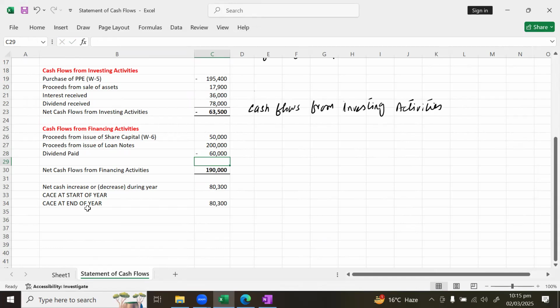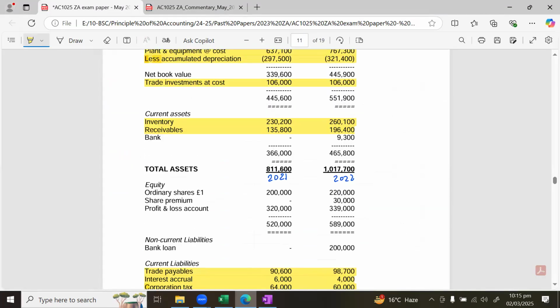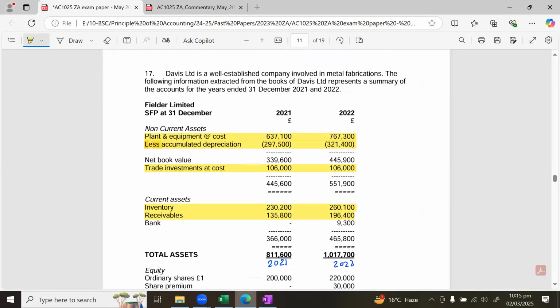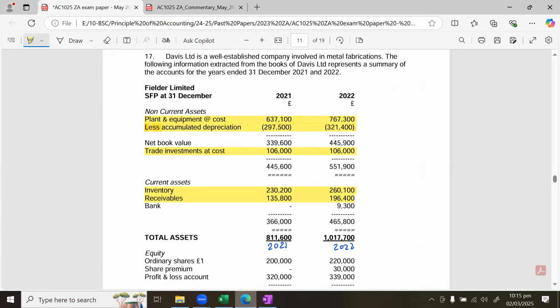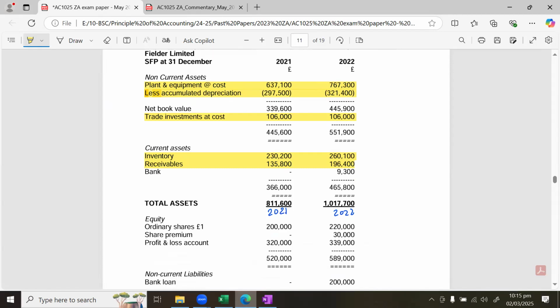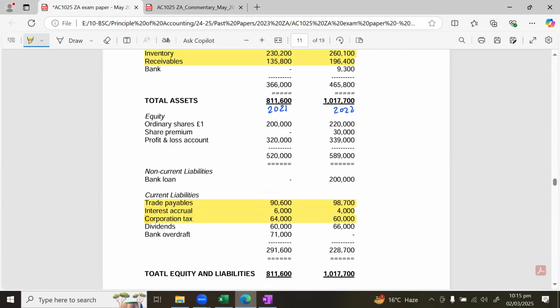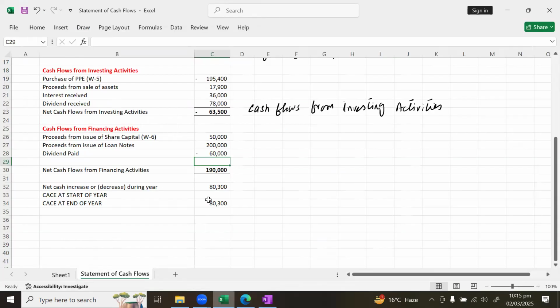So net cash increase during the year is 80,700. Look at the cash and cash equivalents. Last year opening balance, we had only a bank overdraft of 71,000. Opening cash and cash equivalents were 71,000 negative.